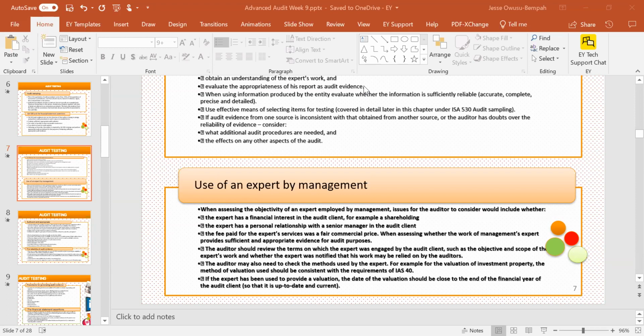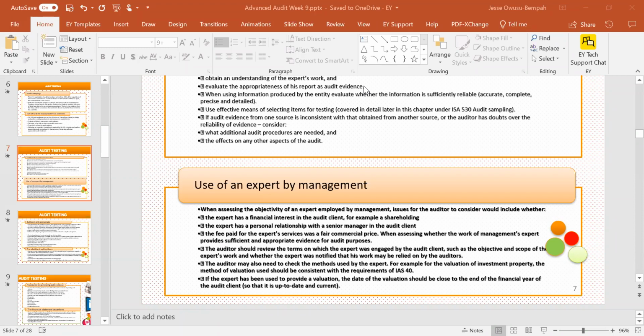If the expert has a financial interest in the audit client, it's something the auditor must critically look into, because it might pose a problem. Where your treasure is, your heart is also there. So for example, if he has shares, it's very important.